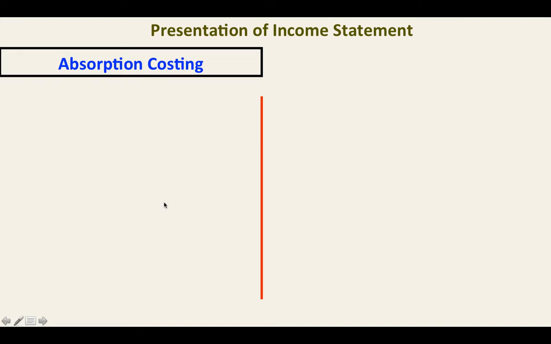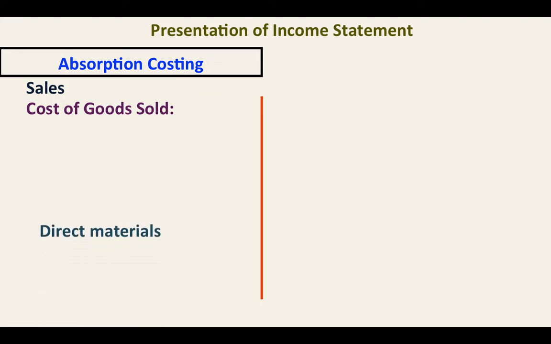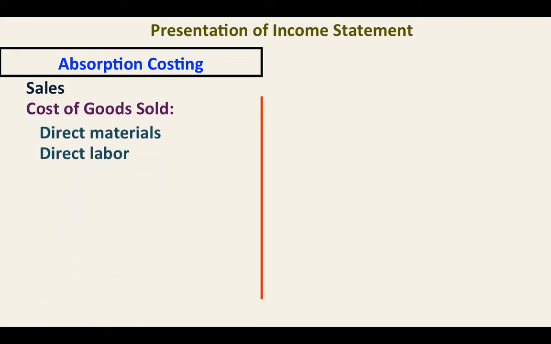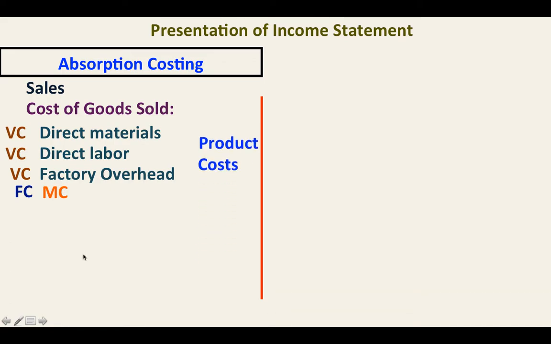Okay, ito yung regular way of presenting the income statement, wherein we have sales, less cost of goods sold, and under cost of goods sold, we have the direct materials, direct labor, factory overhead. So, variable cost. Ang factory overhead, lahat ng variable cost, fixed cost, or mixed cost, isasama natin siya sa cost of goods sold. Okay? Sales less cost of goods sold will give you your gross profit. So remember, class, under absorption costing, this will be the composition of product cost as we have learned from the previous slide. Okay?